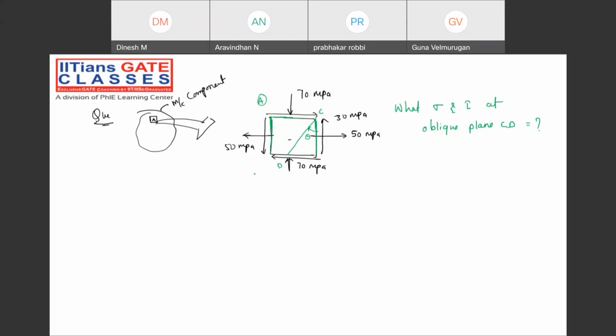Let me just give the same problem in the type 1 fashion. Look very carefully. A lot of confusions are there, that's why I'm stretching too much, believe me. Now, this is 70.